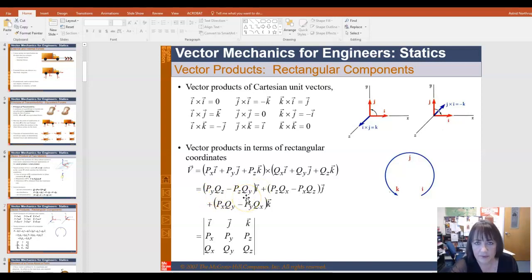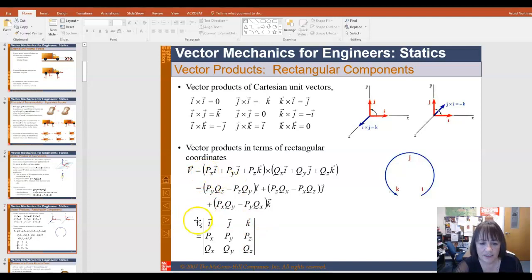That's because of that perpendicular nature, and this actually works out a sign in the process. But you can evaluate this more easily by evaluating a determinant, which is a value that you get from a square matrix, so a 3 by 3 matrix in this case.